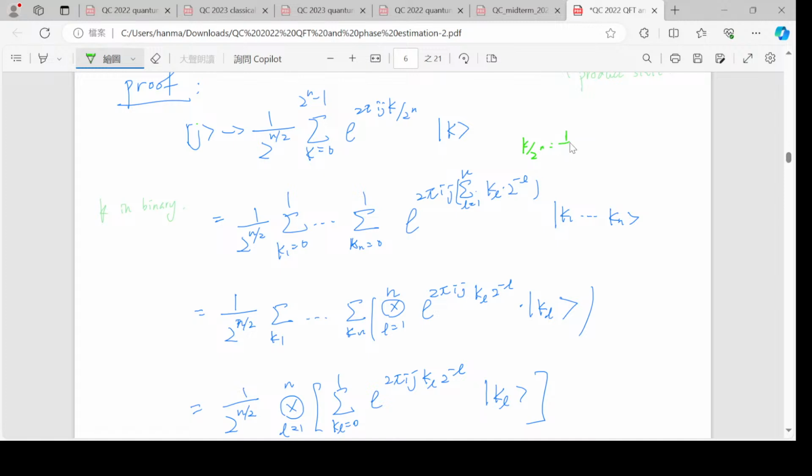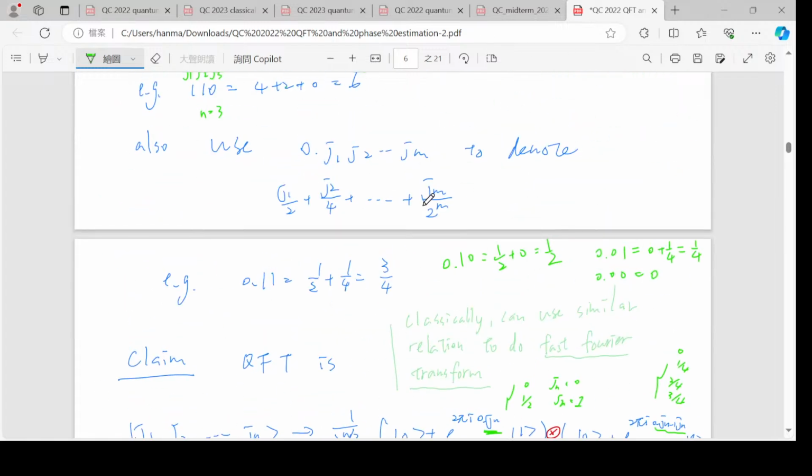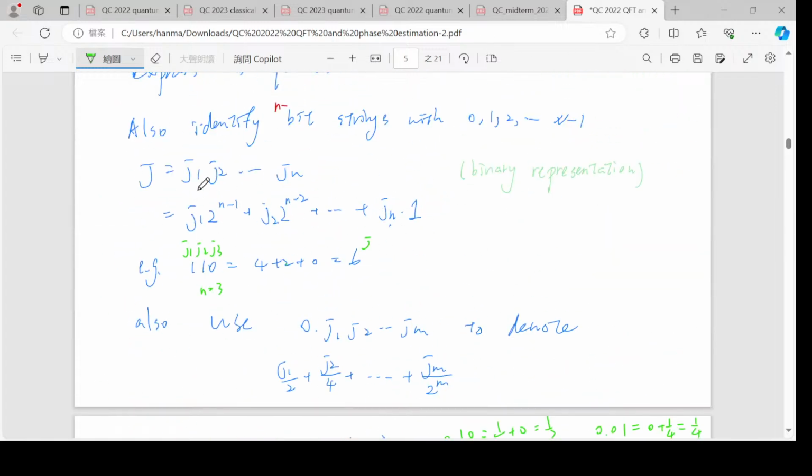so 1 over 2 to the n times k1 times 2 to the n minus 1 plus k2 times 2 to the n minus 2 plus and so on plus kn times 1, right?